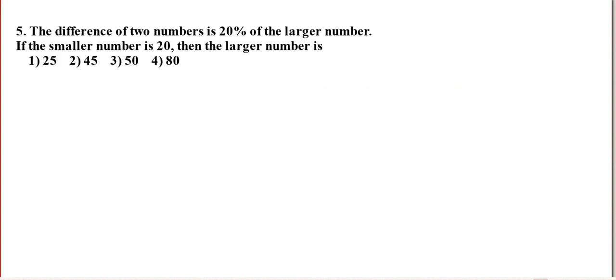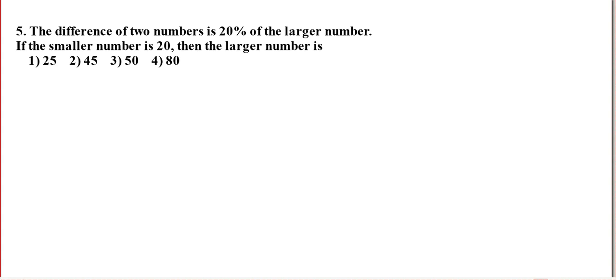Now let us see the next question. The difference of the two numbers is 20 percentage of its larger number, and if the smaller number is 20, then what is the larger number? Here what we have been given is that the difference between the two numbers is 20 percentage of the larger number, and we also know that the smaller number is 20, and we are asked to find the larger number.